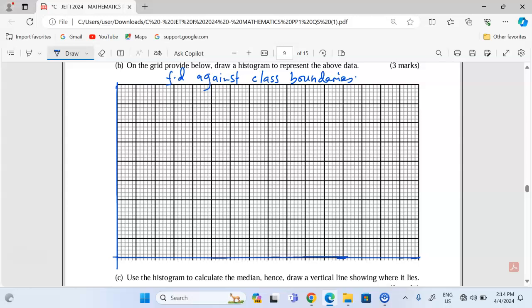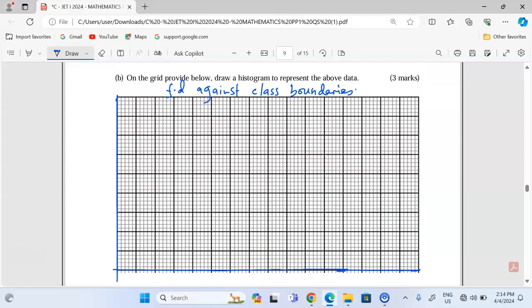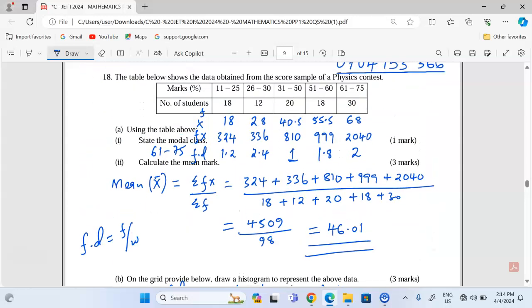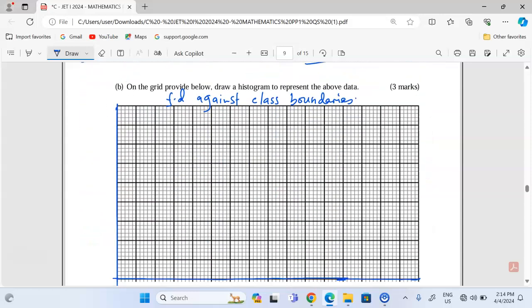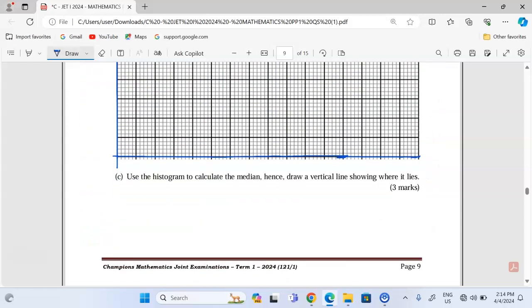So we can start with the least class boundary, which is going to be 10.5 according to the data up there. Let me change my color here. 10.5. Then we use intervals of 10 for every 2 large squares, so that we go to 20.5.